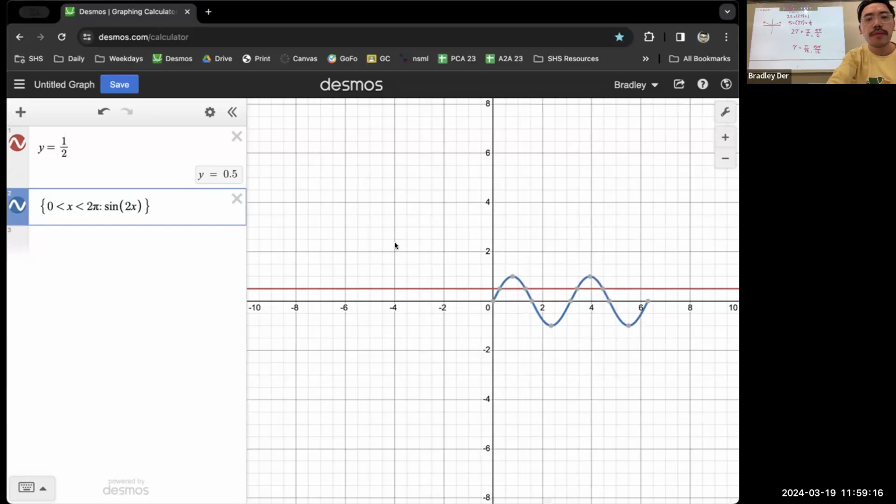It may be helpful to think about what actually happened with this 2 in front of this 2x, right? If I took out the 2, you would see that's just a pretty normal sine curve, just one cycle of a sine wave. And here's where we had that pi over 6 and that 5 pi over 6. And so when we put in the 2, what's happening with the sine wave? The sine wave is contracting, is horizontally shrinking.